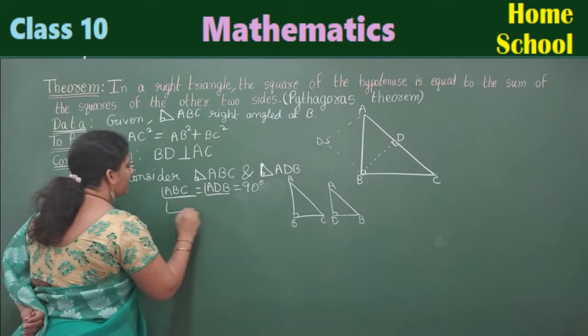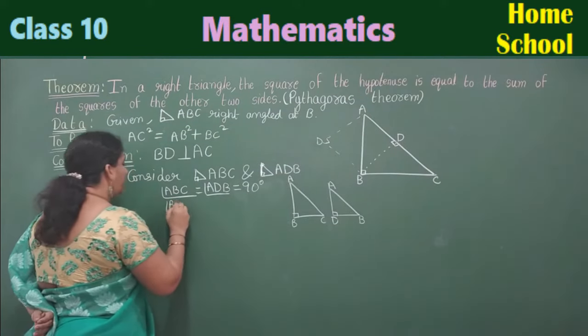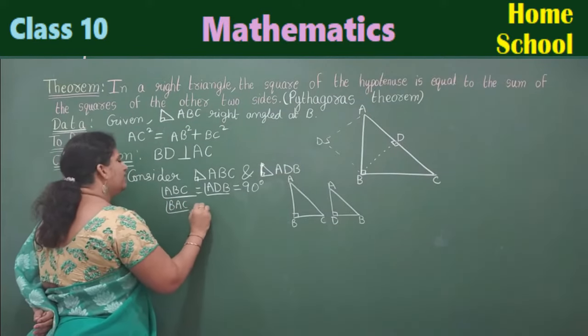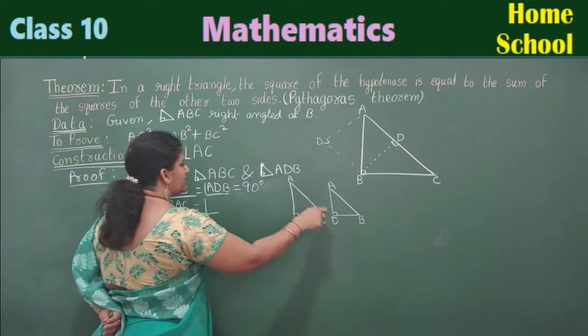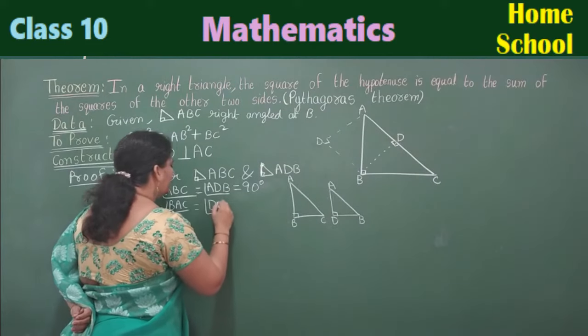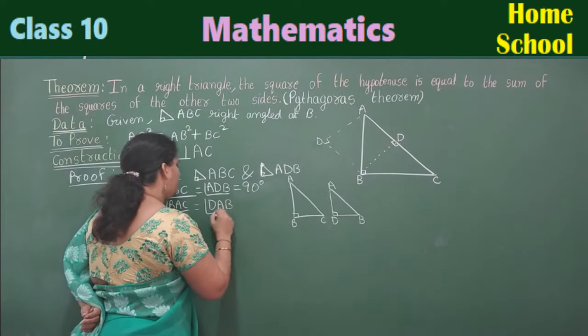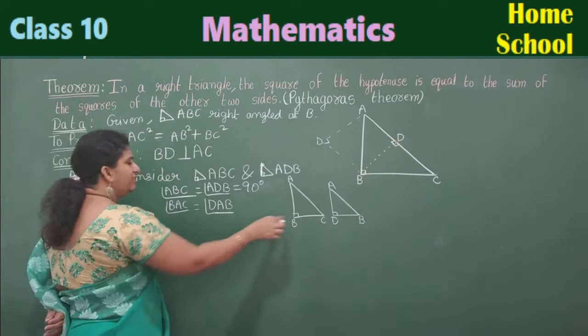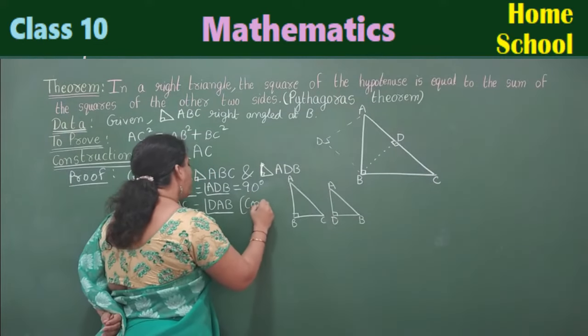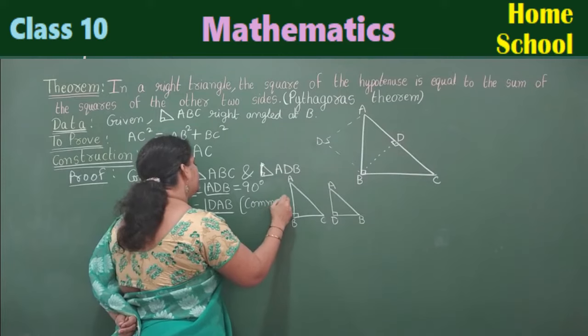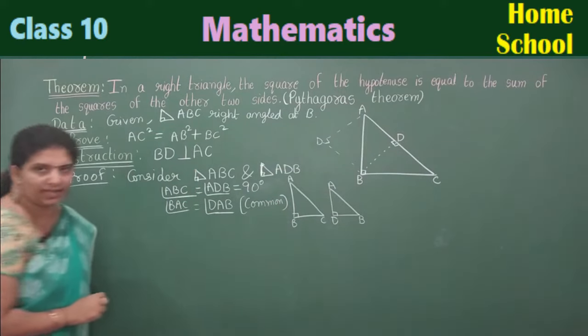Next, angle BAC is equal to angle DAB. How are we saying that? This angle is a right angle and these two angles are common angles of the two corresponding triangles.